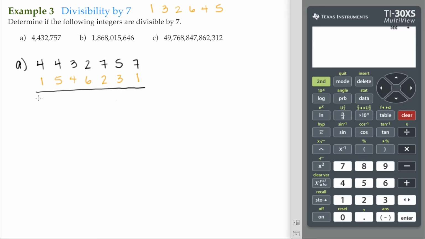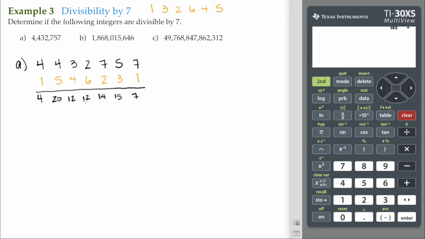Now that I have that, we simply multiply. 4 times 1, that's 4. 4 times 5, that's 20. 3 times 4, that's 12. 2 times 6, that's 12. 7 times 2, 14. 5 times 3, 15. And 7 times 1 is 7. We then go ahead and add all these up.